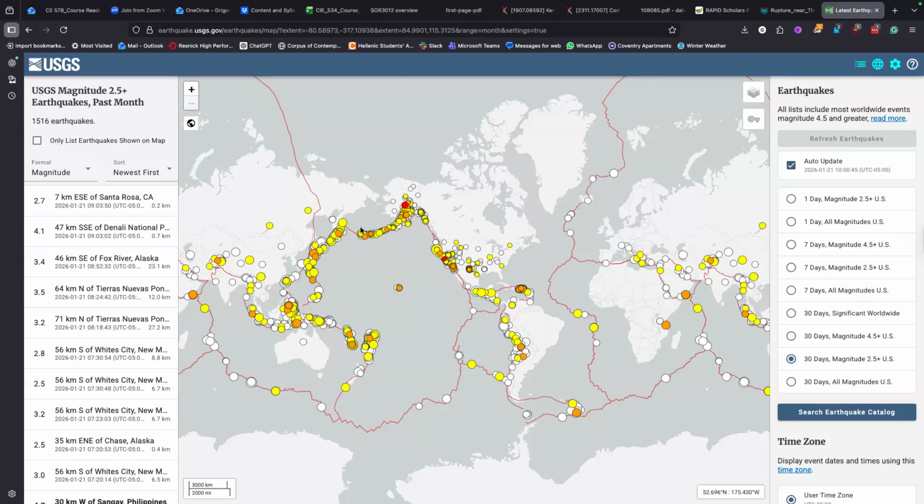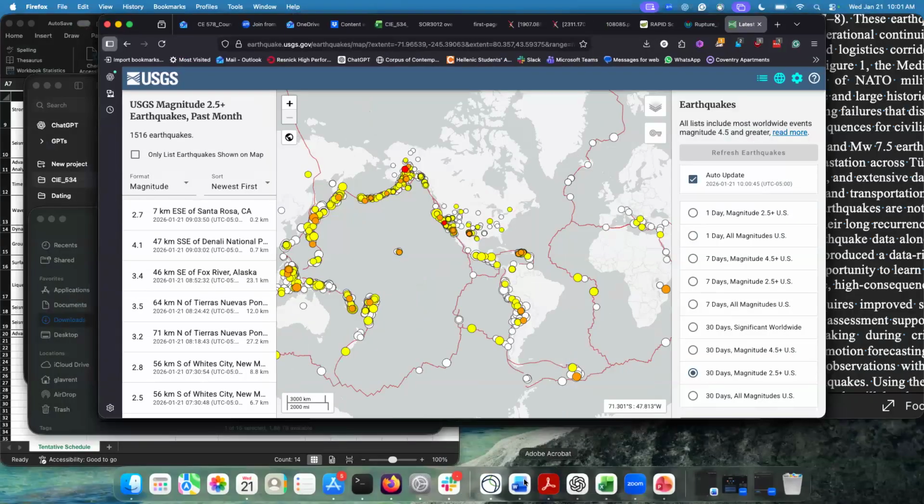What we can observe is that most of them are concentrated around the boundaries of tectonic plates, but we also have a number of earthquakes that are located away from them, in the middle of tectonic plates. As I said earlier, we tend to categorize earthquakes into three groups. Now if we go back to the presentation.